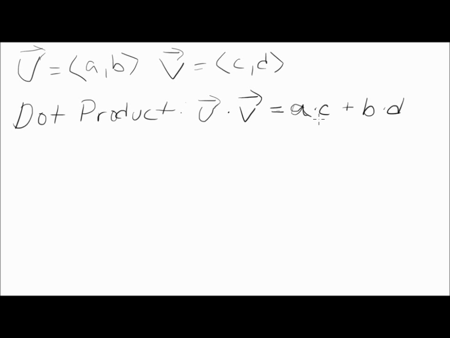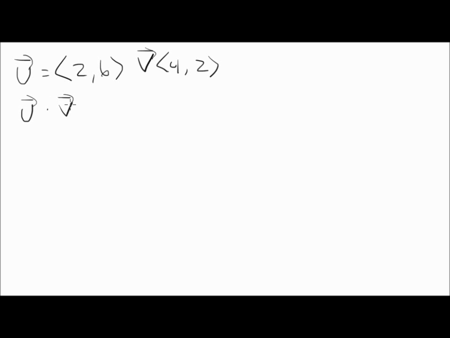So let's do a quick example. Let's say vector u is 2, 6, and vector v is 4, 2. So we want to do u dot v. First, we're going to take the number we had in A, which is 2, and then the number we had in C, which is 4.